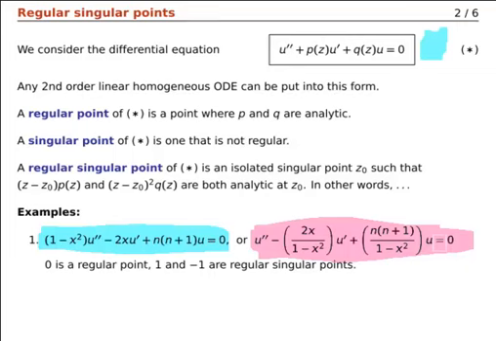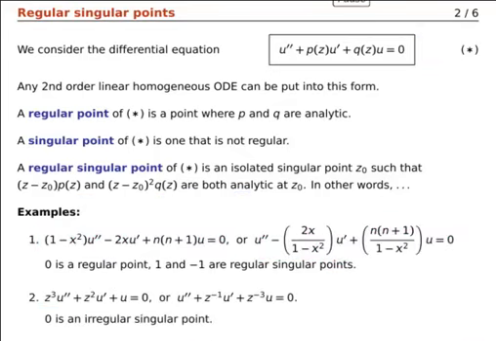You see that 0 is a regular point because neither of these coefficients, 2x over 1 minus x squared or this one here, is singular at x equals 0. But at x equals plus or minus 1, they are singular, and if you use this test here, it's easy to see that 1 and minus 1 are both regular singular points for this differential equation.